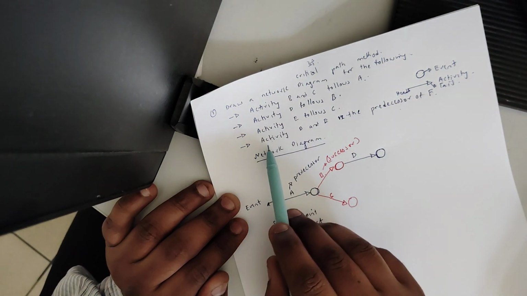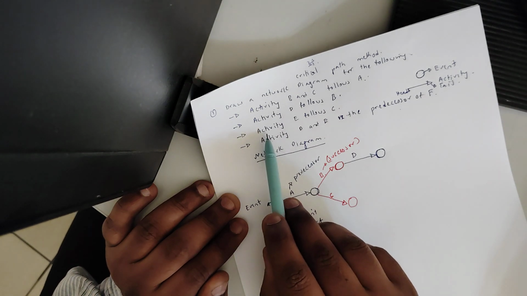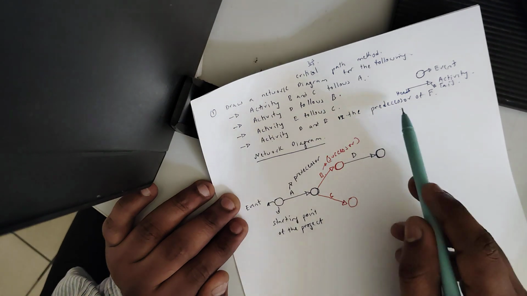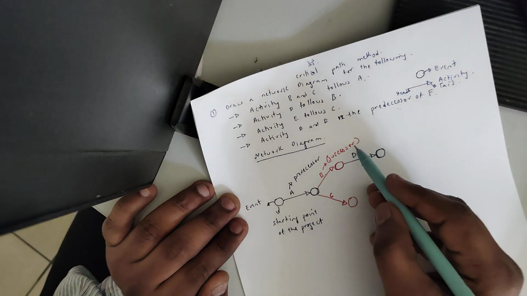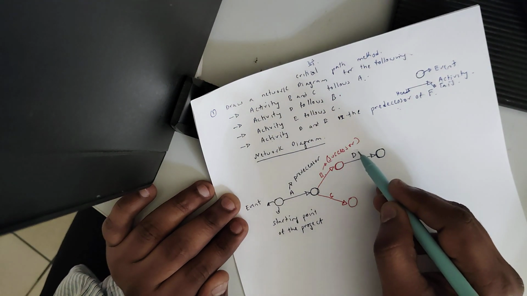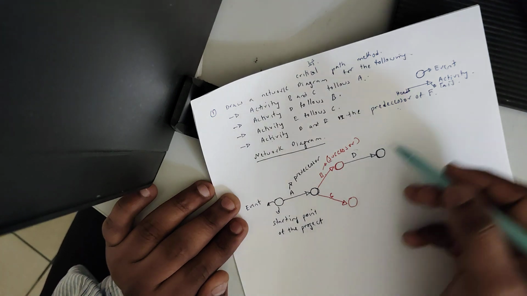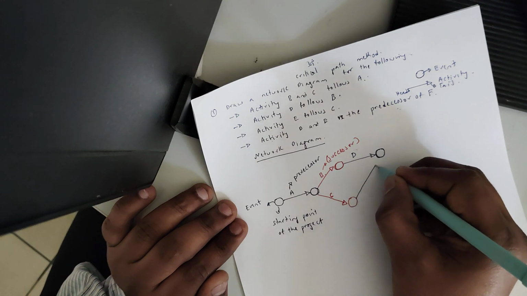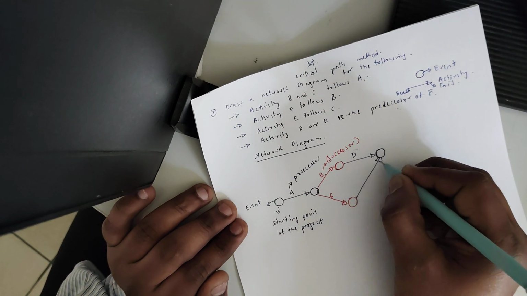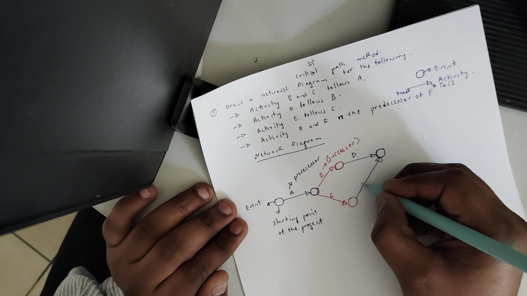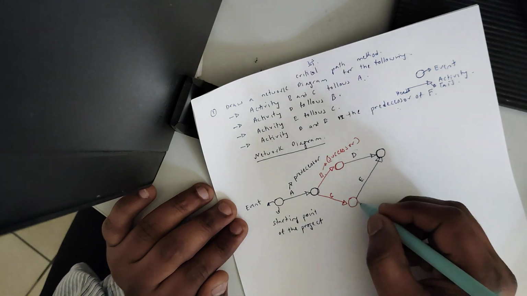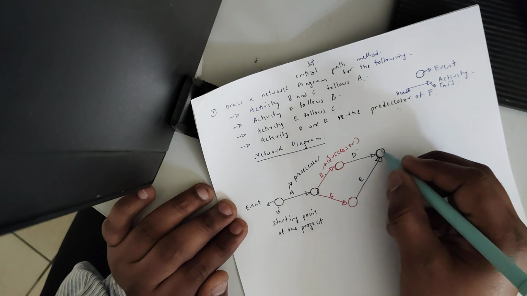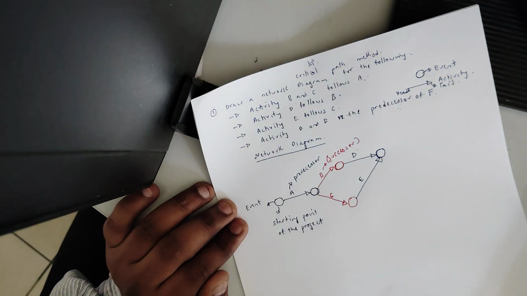Now I should join the head of activity E with an arrow mark to the event which is completed for D.